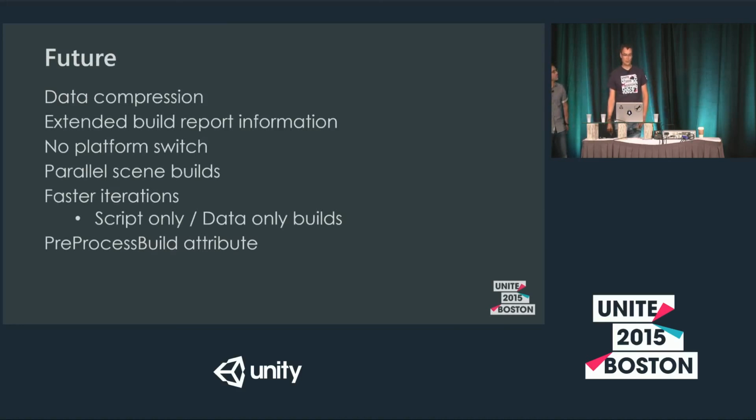Let's talk about future improvements which come from our current weak points. So data compression. Some work was done for LZ4 compression of asset bundles, which will be in 5.3. We want to use the same for data folder, which is shipped with Unity player.